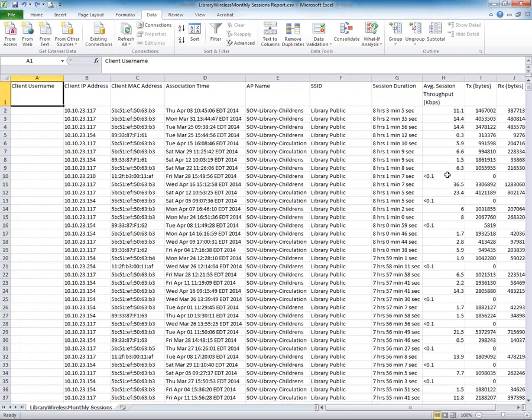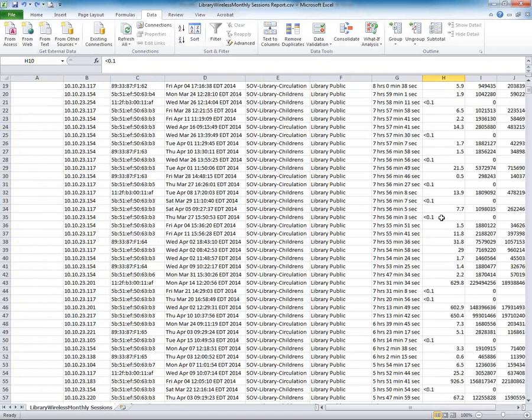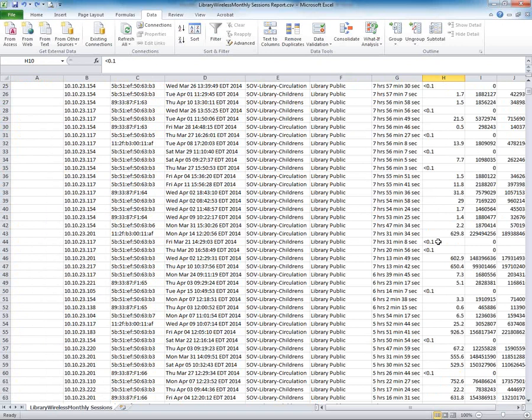And anyone that is less than the 0.1 may be someone who connected with their smartphone but never used it. So again, you're going to need to sort through these and figure out what indeed is meaningful.